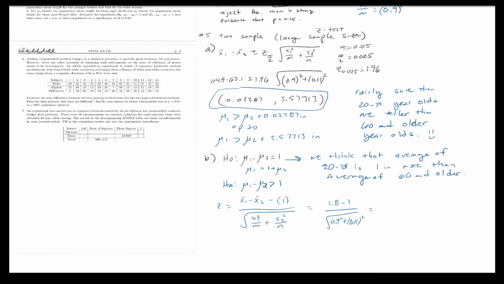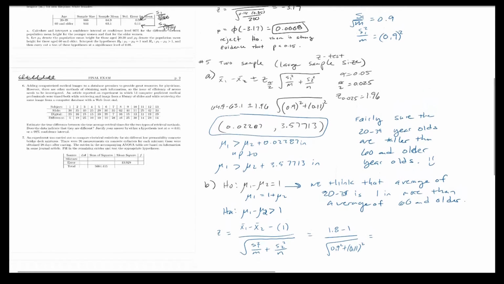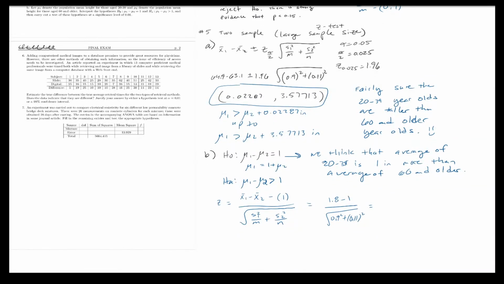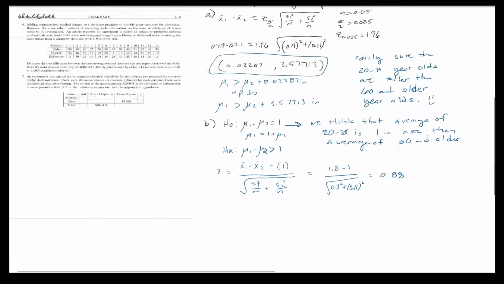Get a Z statistic. Is this Z? We have a large sample? Yeah, it's a Z test. So 1.8 minus 1 we know is 0.8, divided by the square root of 0.9 squared plus 0.11 squared. It's 0.88, and we'll just round it. So that's our Z statistic.